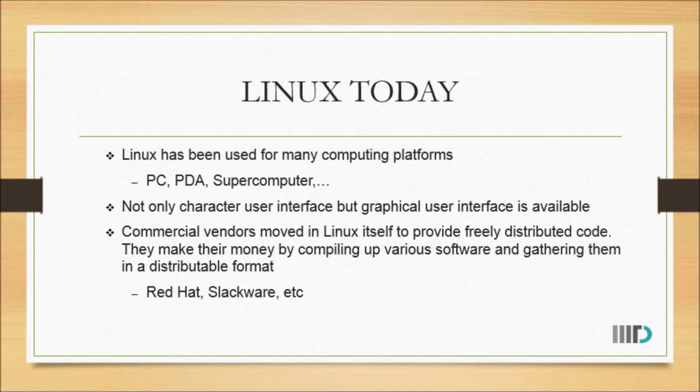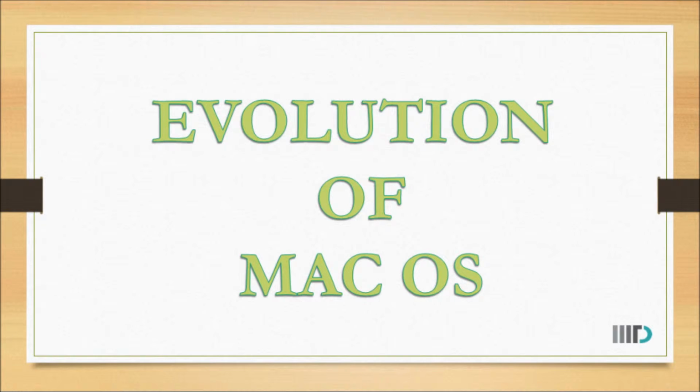Commercial vendors moved into Linux itself to provide freely distributed code. They make their money by compiling various software and gathering them in a distributable format like Red Hat, Slackware, etc.